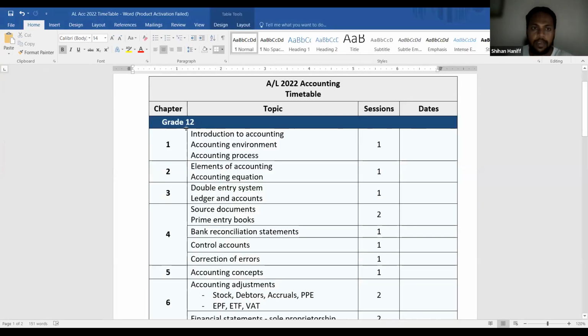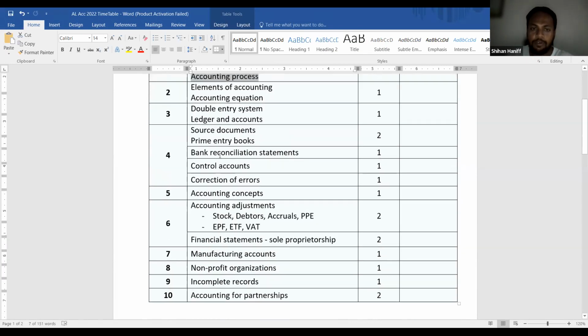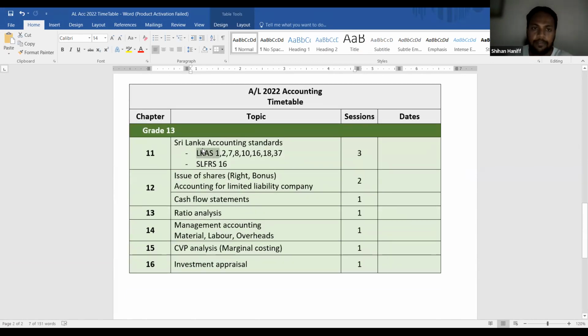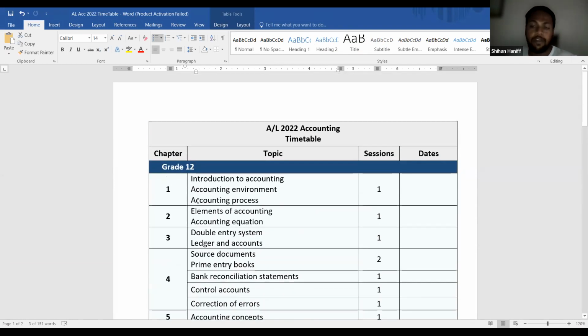So grade 12, the first chapter, introduction to accounting, accounting environment, and the accounting process. And also, meantime, I'm going to do the LKS 1 and accounting framework, which is also relevant when we do the past papers.